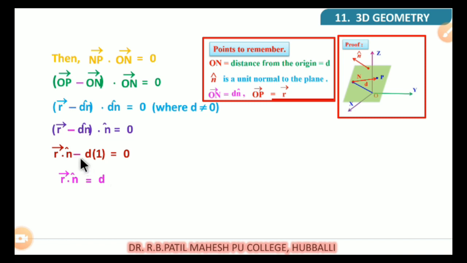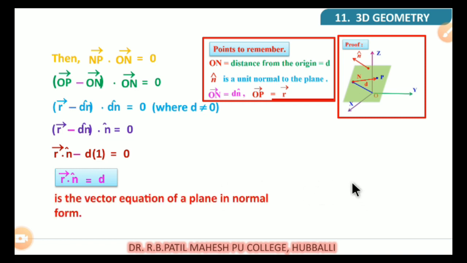So this is the first form of the equation of a plane, the vector form of the plane in normal form.